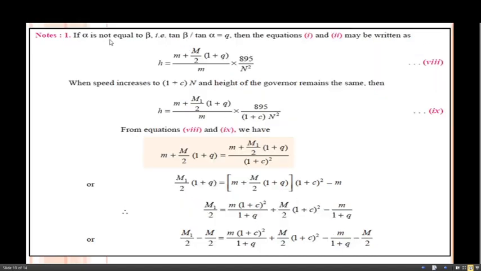If alpha is not equal to beta, that is, tan of beta divided by tan of alpha equals q.